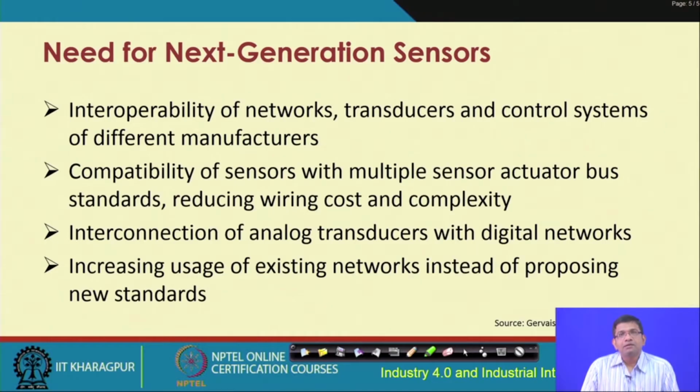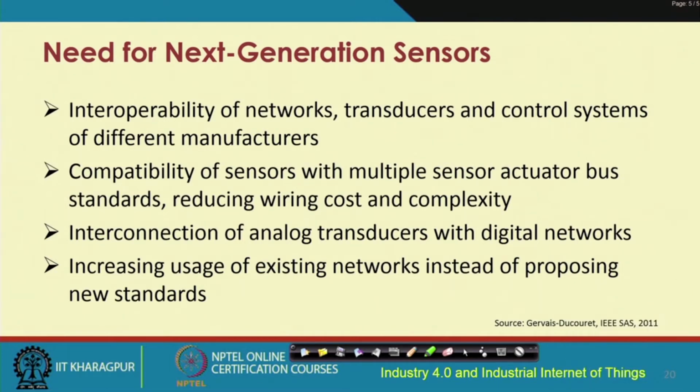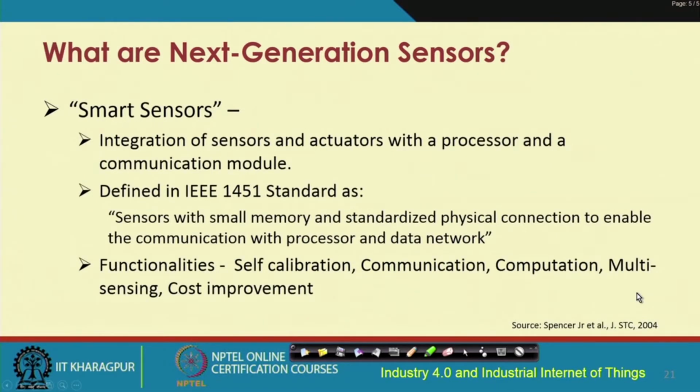So, not only that the smart sensors would sense and send, but these would be made intelligent because certain small, lightweight algorithms will be executed in these sensors to do certain tasks at the sensors themselves. So, this is very important in the context of Industry 4.0.